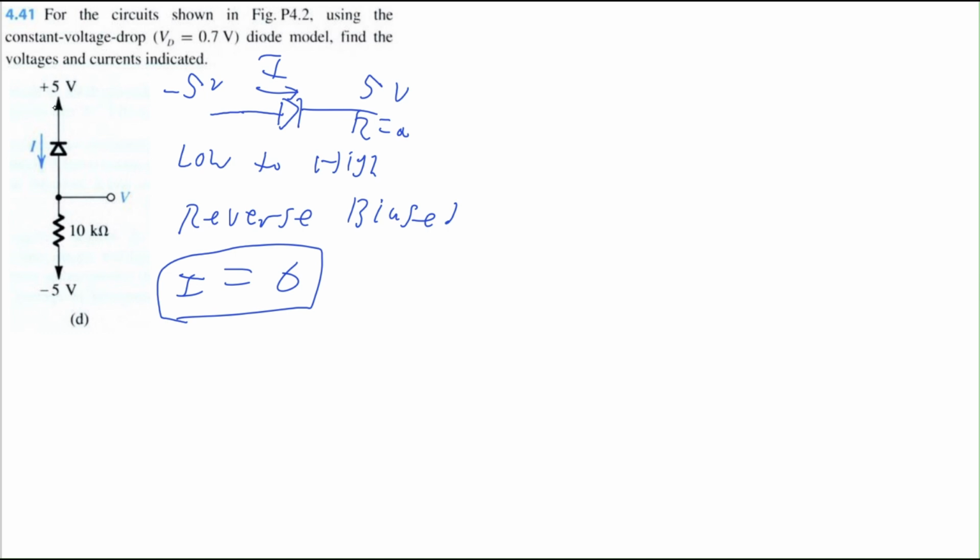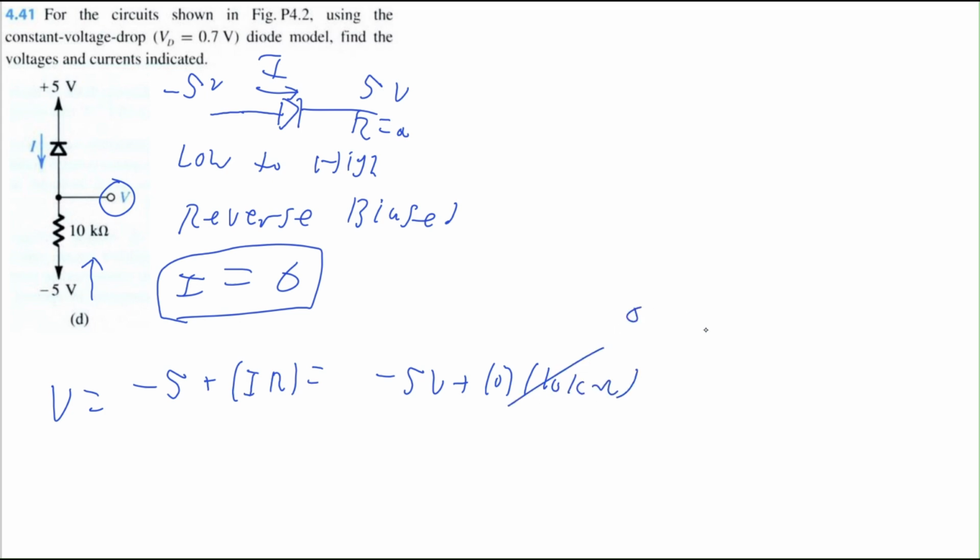So we can look here. If we travel up from the circuit to calculate the voltage at V, it would be -5 plus the voltage drop across the resistor, which is equal to IR. So it's -5 volts plus 0 times 10 kilo ohms, which is just 0. Therefore V is equal to -5 volts.